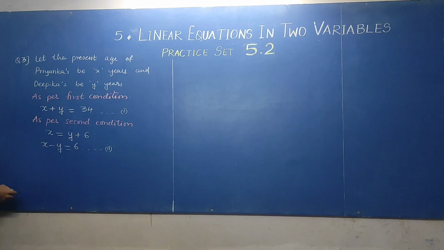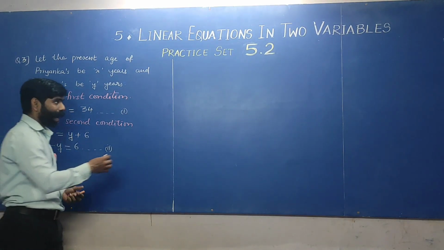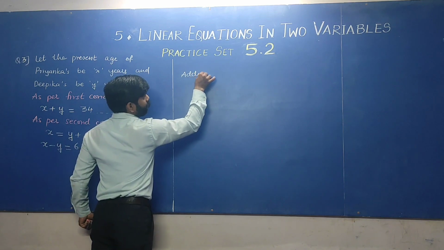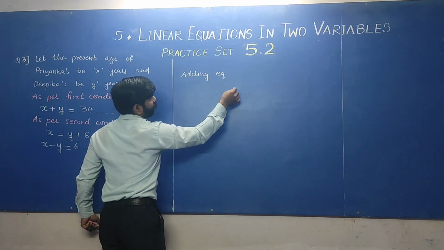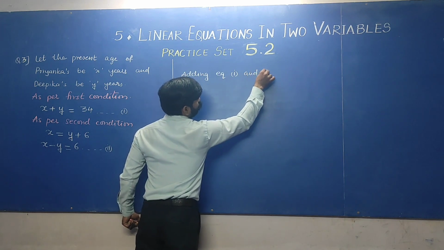So students, as you all can see, both variables of y have different signs. This is plus, this is minus. So different sign means plus. We are going to add these two equations. Now we will write adding equation number 1 and 2.